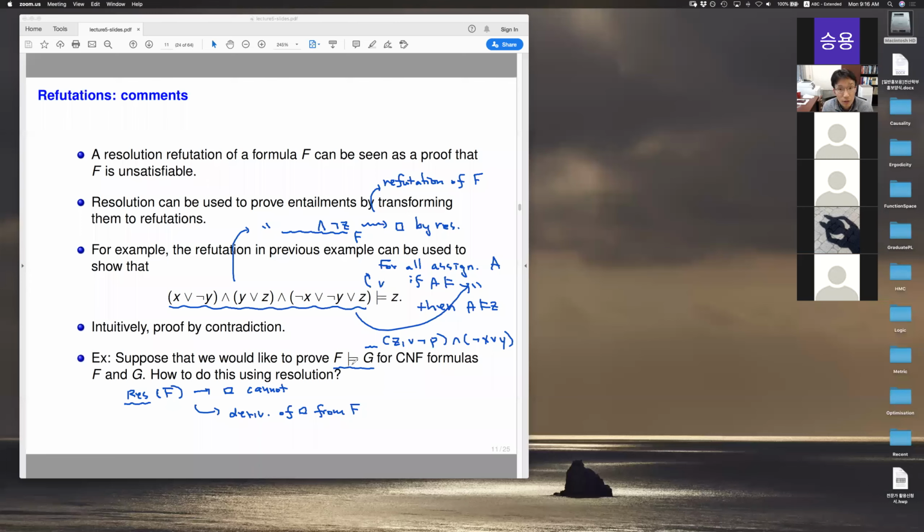Okay, so let me show you how to do this. It's not very difficult. Suppose G has this form. Just knowing one case should be good enough.